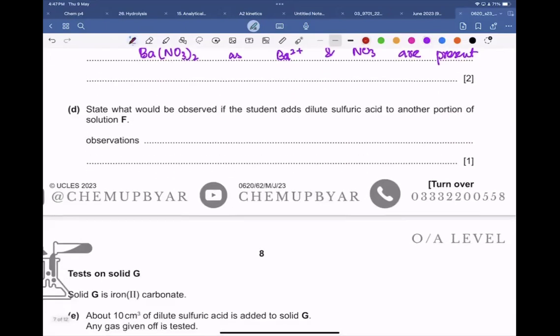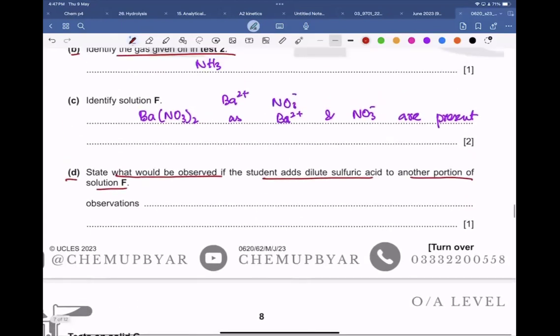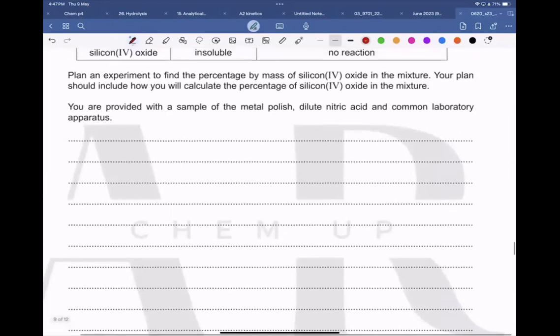Okay. State what would be observed if the student adds dilute sulfuric acid to another portion of solution F. There is a barium ion, right? Yes, very good, Amal. White precipitates. See over here, Khatija, it's light green color.